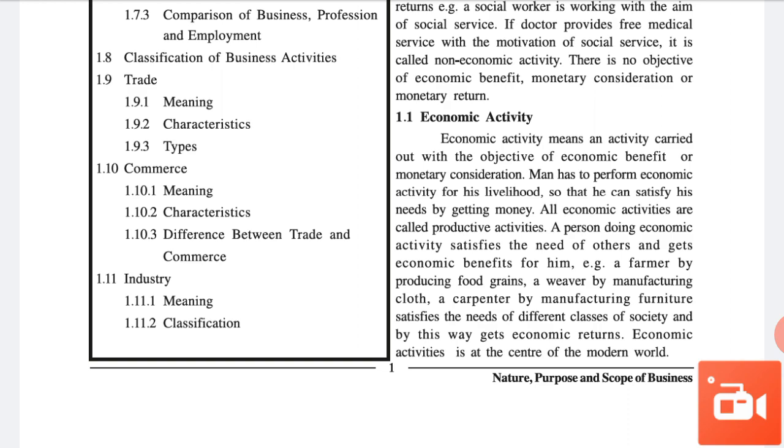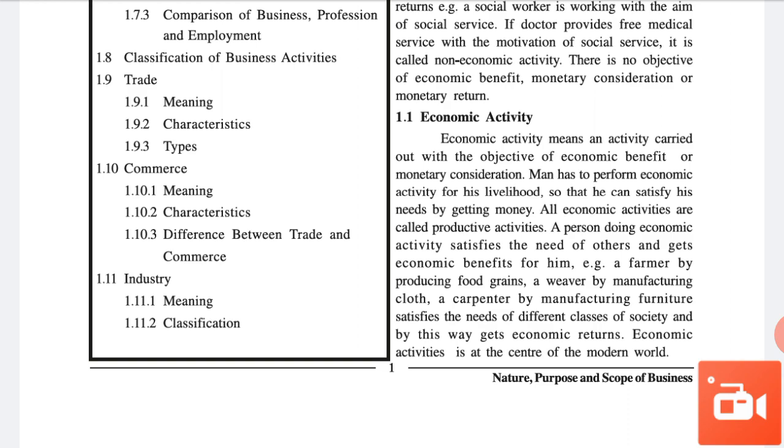If this question is asked for 2 marks, then you should write 2 to 3 points. Like the first point is economic activity means an activity carried out with the objective of economic benefits or monetary consideration. Second point is a man has to perform economic activity for his livelihood.